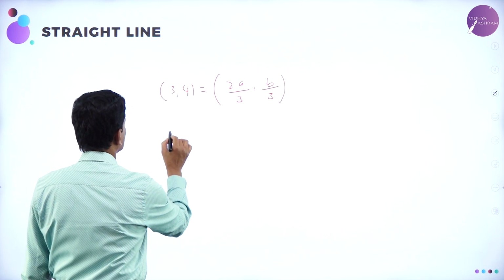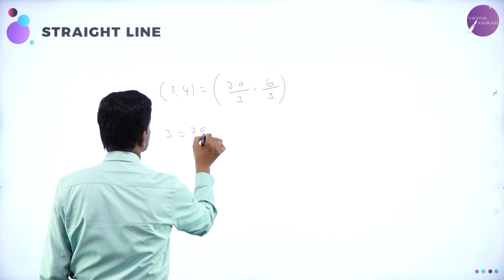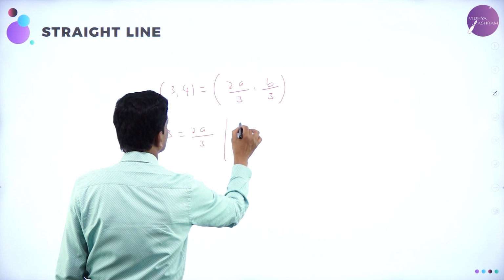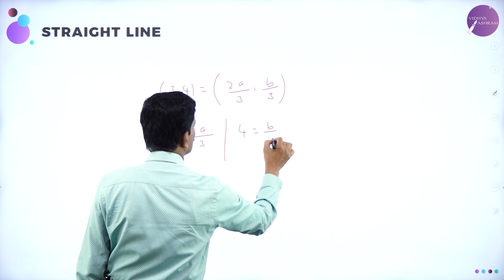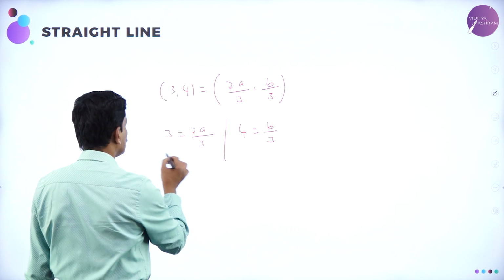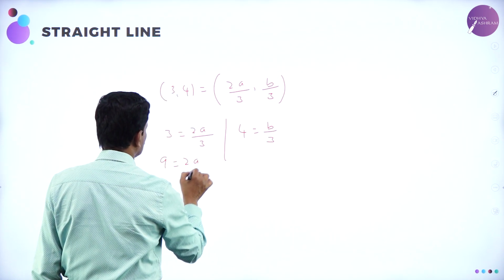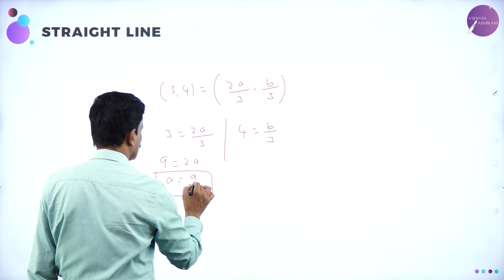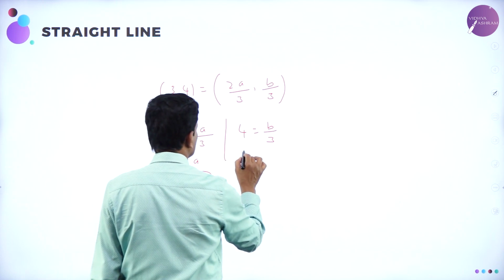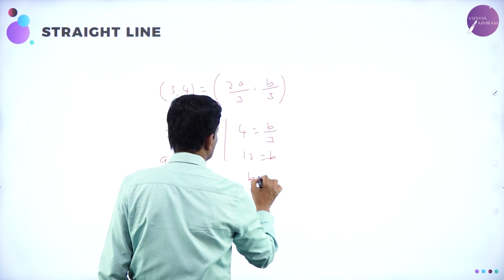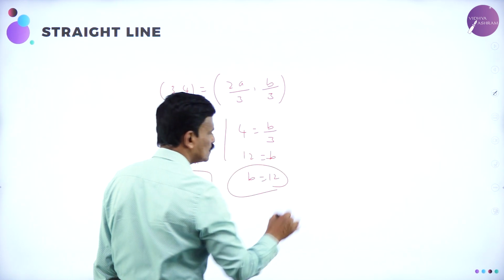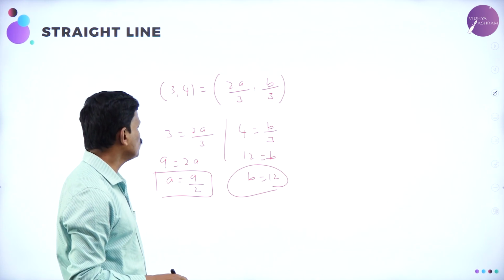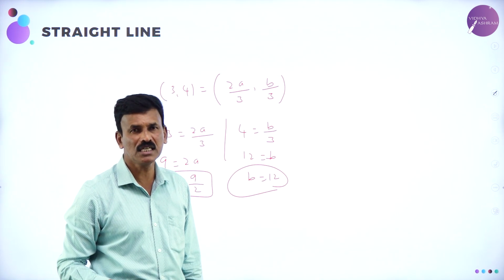Now, this gives 3 is equal to 2a by 3 and 4 is equal to b by 3. Cross multiply this. 3 threes are 9 is equal to 2a. So, a is equal to 9 by 2, right. Then cross multiply, 12 is equal to b. So, a is equal to 9 by 2 and b is equal to 12, the intercepts.